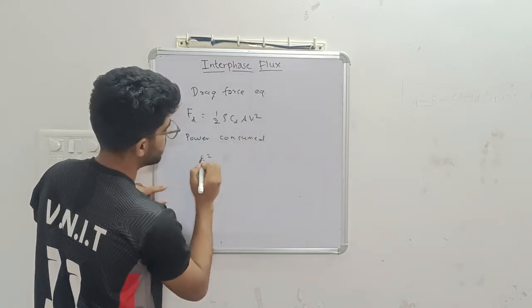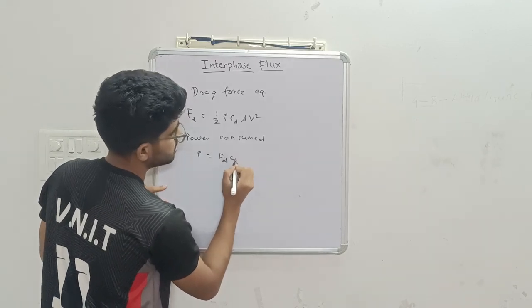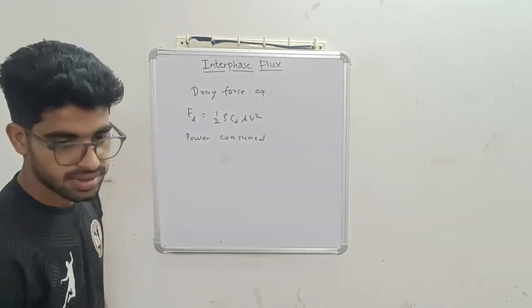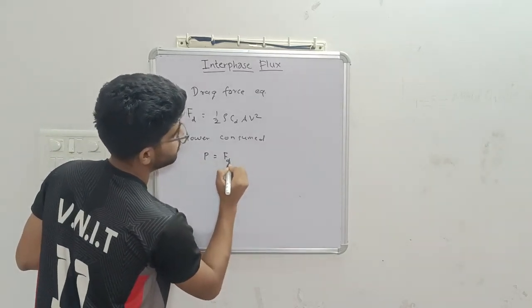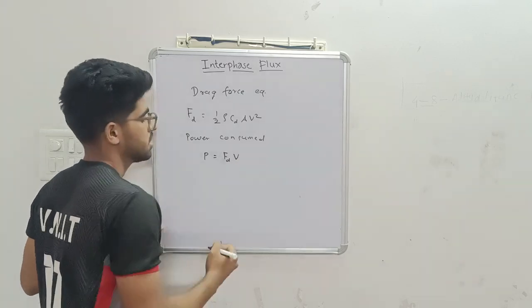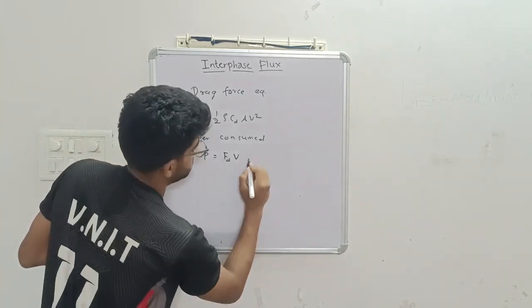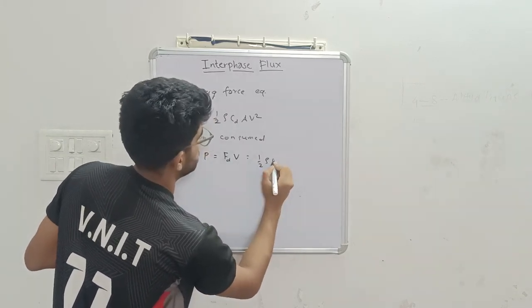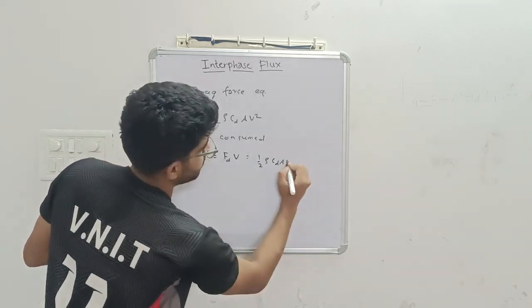Power is equal to Fd into velocity, which can be written as half rho CD A into V cube.